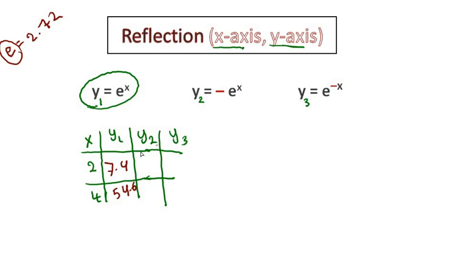Now y2 is negative 7.4 because it is negative e squared, and here it is negative 54.6. So all the y values will be reflected vertically in the x-axis. So instead of having 7.4, we will have negative 7.4, and instead of having 54.6, we will have negative 54.6.